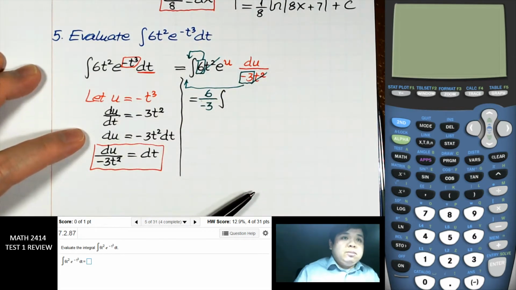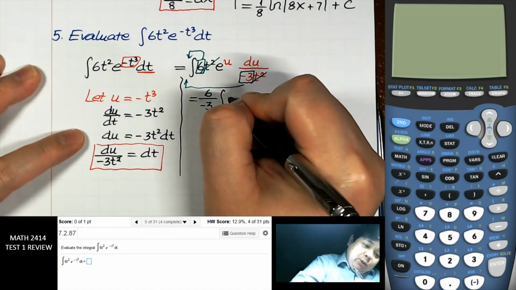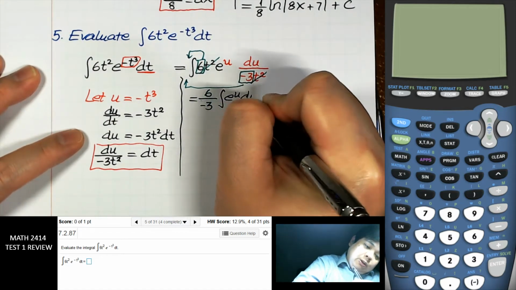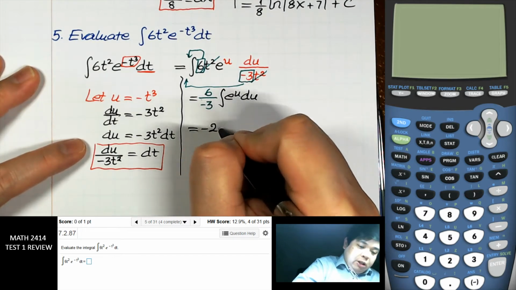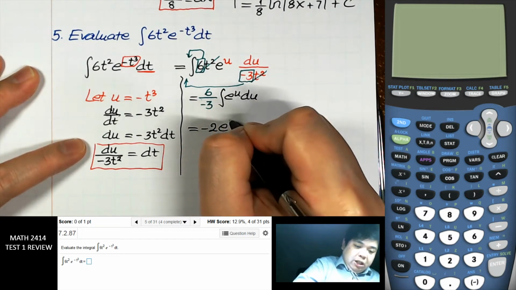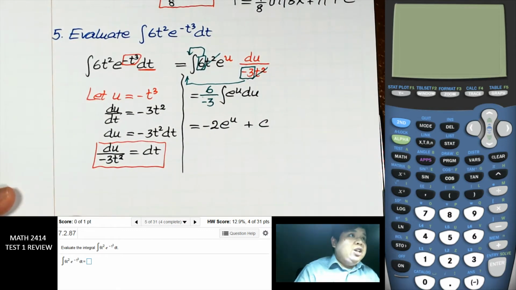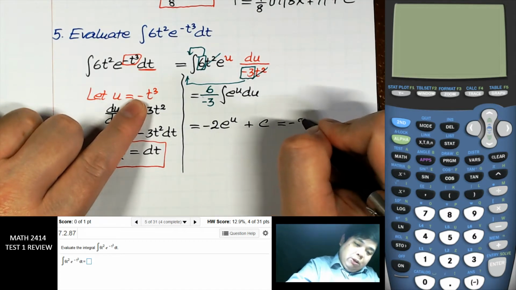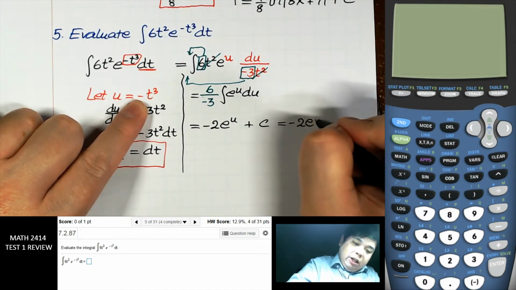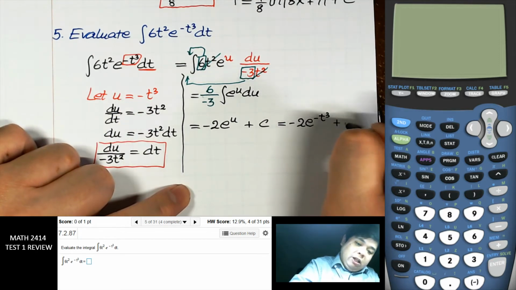And we have, just make sure, e to the u du. 6 divided by negative 3 is negative 2. Integral of e to the u is e to the u plus c. And u is negative t cube, so negative 2 e to negative t cube plus c.